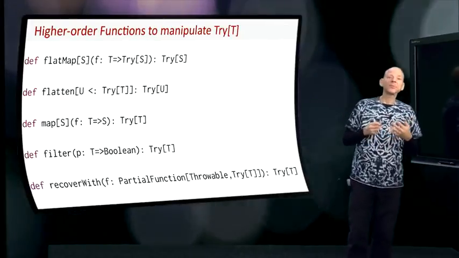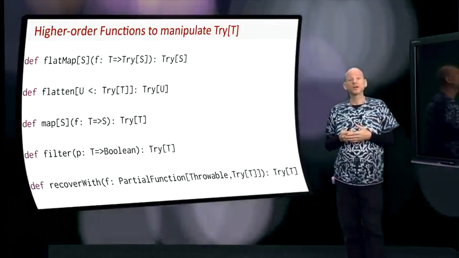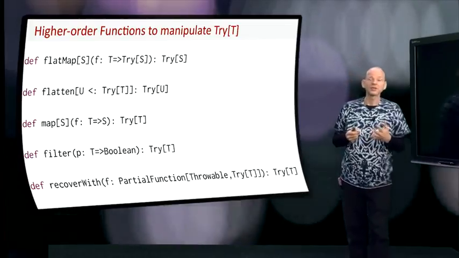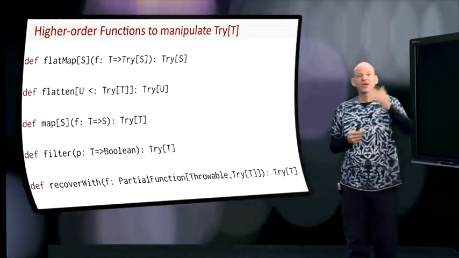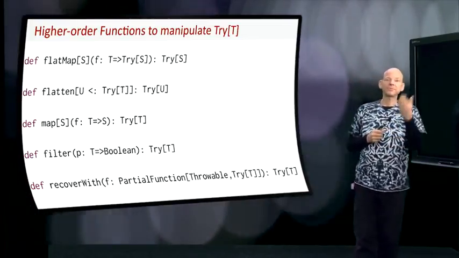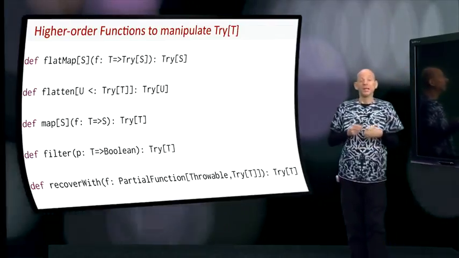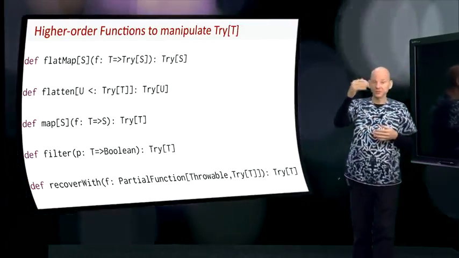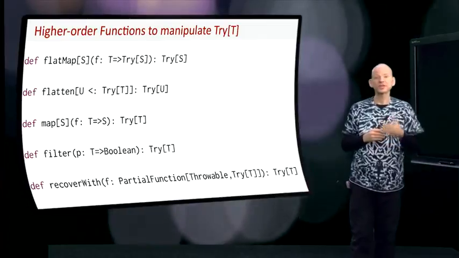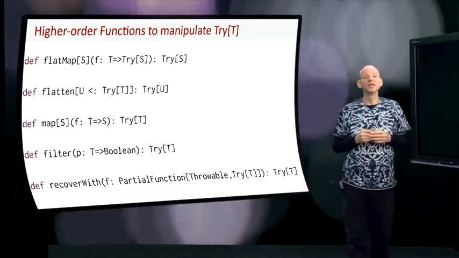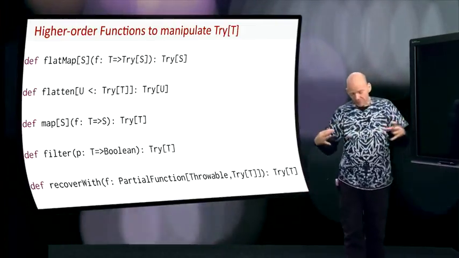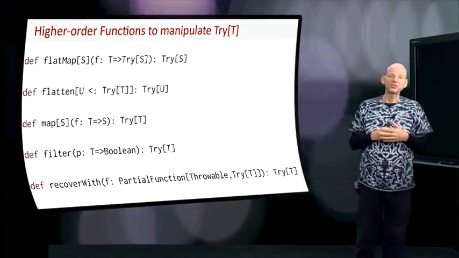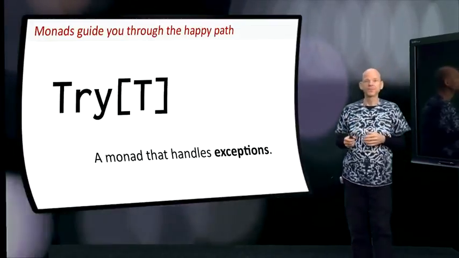Fortunately, there's a couple of higher order functions defined on the Try type. For example, there's flatMap, there's map, there's filter, and we'll use these higher order functions, and in particular the first one, flatMap, to make this code look beautiful again.